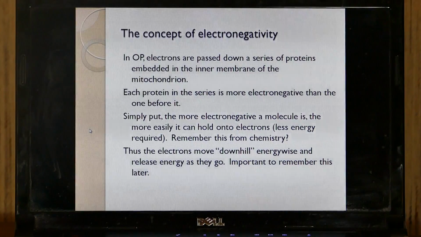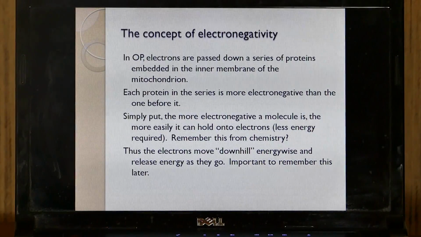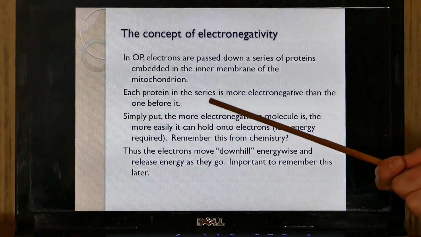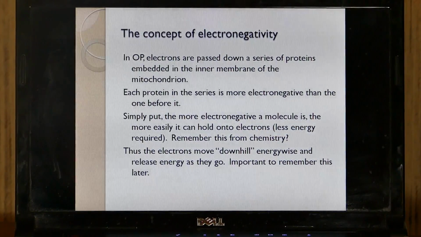Let's also talk about the concept of electronegativity, which you may have encountered in chemistry class. So, in OP, electrons are passed down a series of proteins embedded in the inner membrane of the mitochondrion. And each protein in the series is more electronegative than the one before it.